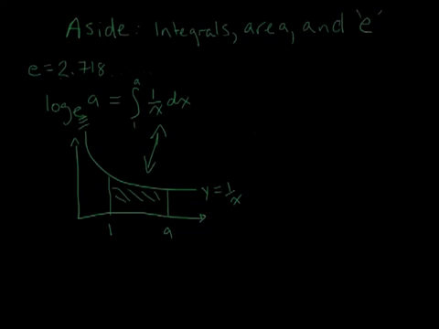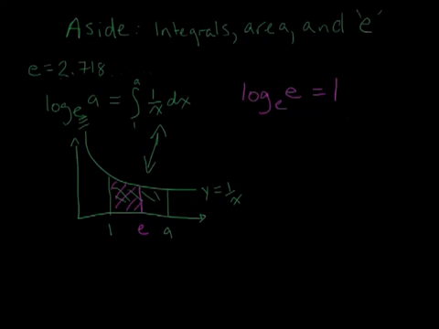An interesting corollary of this is that the log base e of e is equal to 1, since the log base anything of itself is 1. That means that the area under the curve 1 over x between 1 and e is equal to 1, which is one of the other definitions of e.